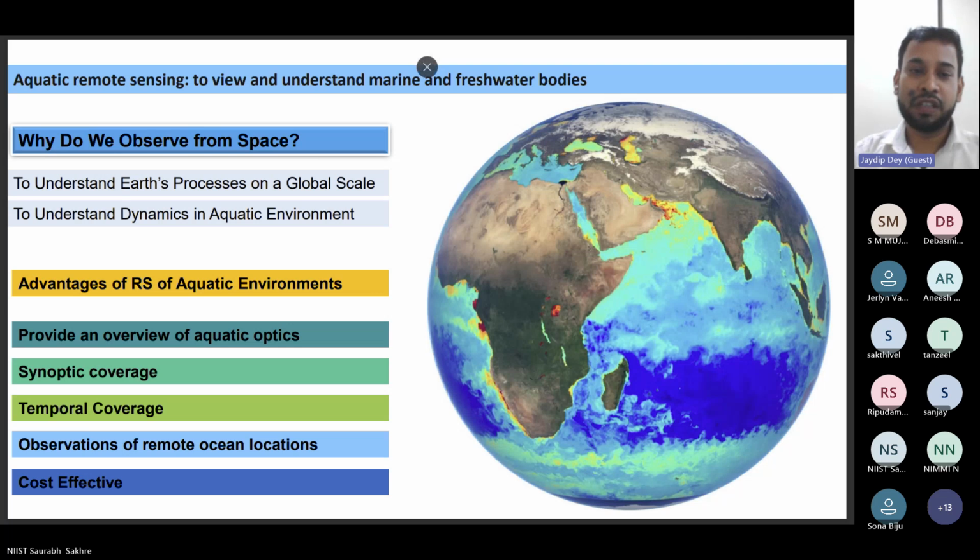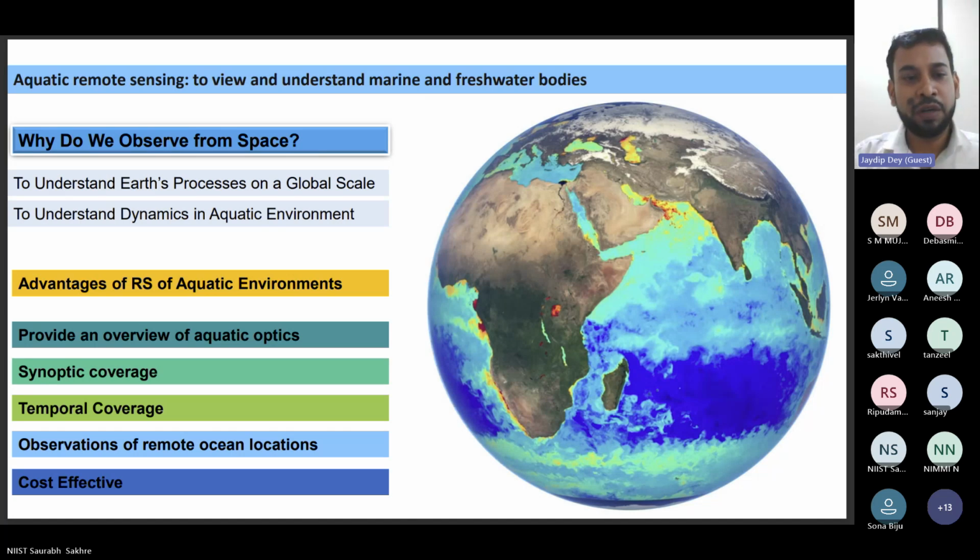So what is aquatic remote sensing and how is it different from general remote sensing? Aquatic remote sensing simply means application of remote sensing and GIS technology on water resources. So what is the importance of that? Why will we use aquatic remote sensing? To view and understand marine and freshwater bodies and their dynamics from a distance.